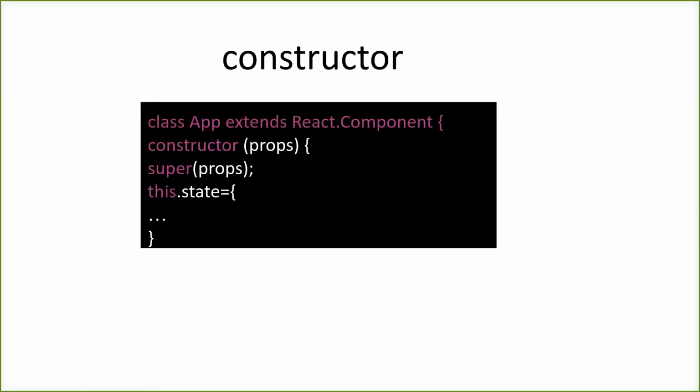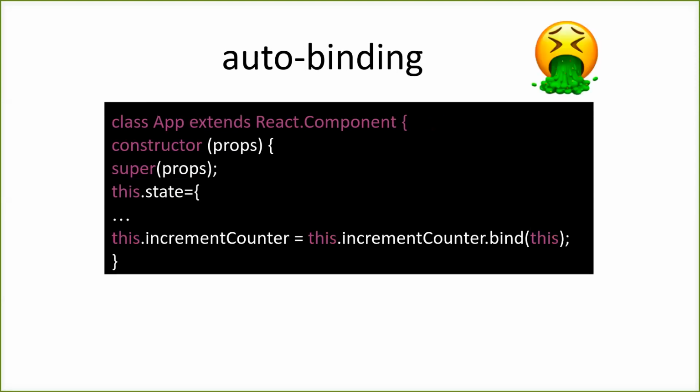So when the JavaScript classes came into the picture, this is what our code looked like, where you have a class and you extend the React component, you have a constructor, you use super on it to declare this, and you use the states inside this. And you also had to do something called auto-binding.